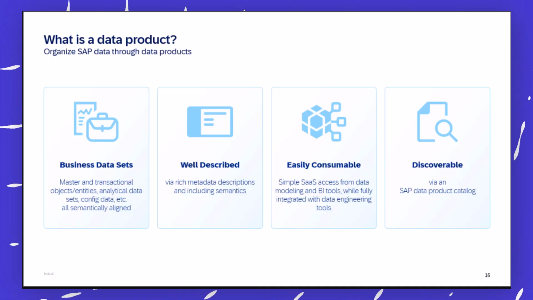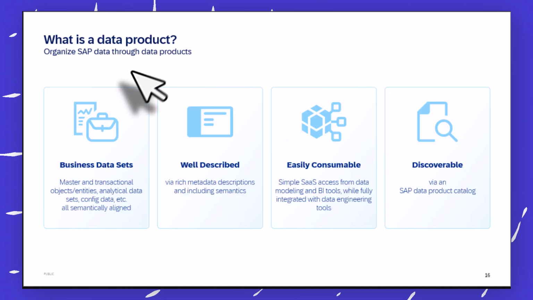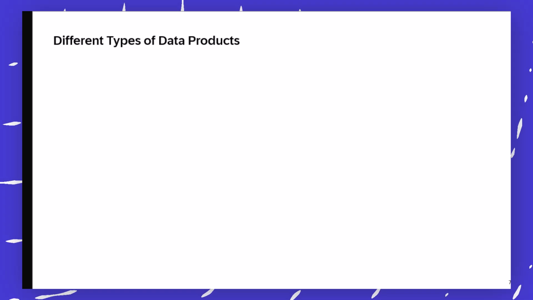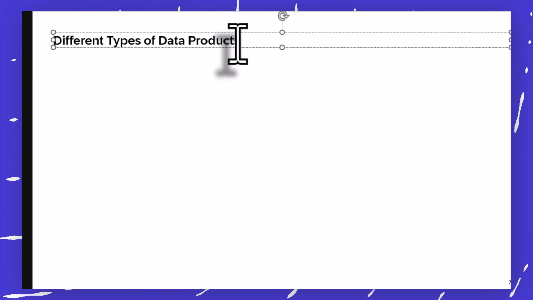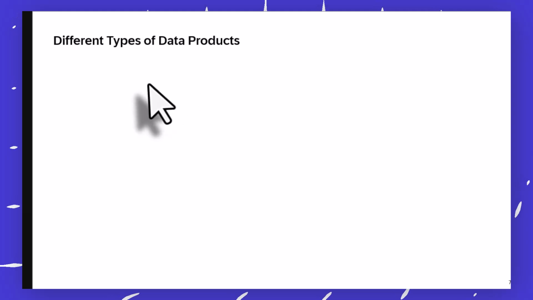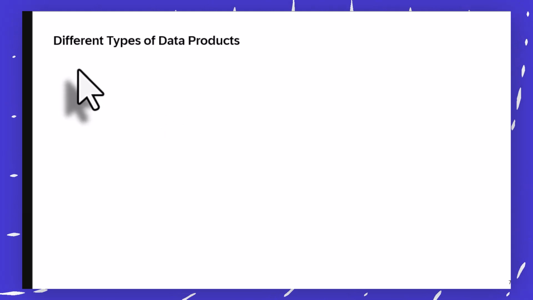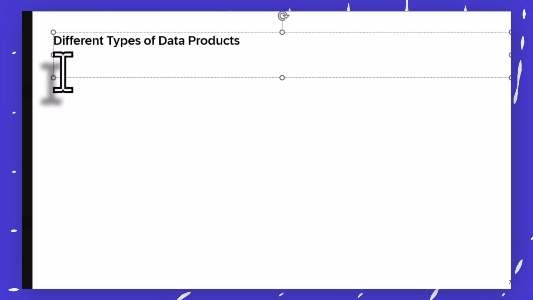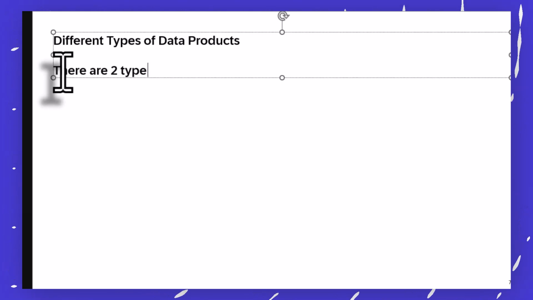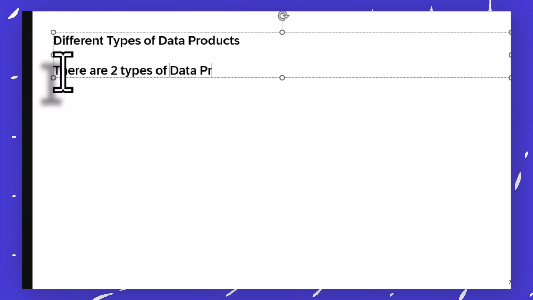Now we come to the different types of data products. There are two types of data products.